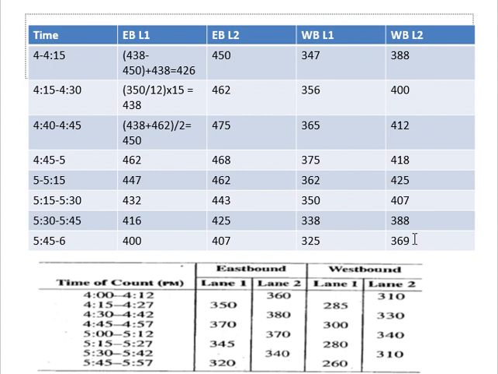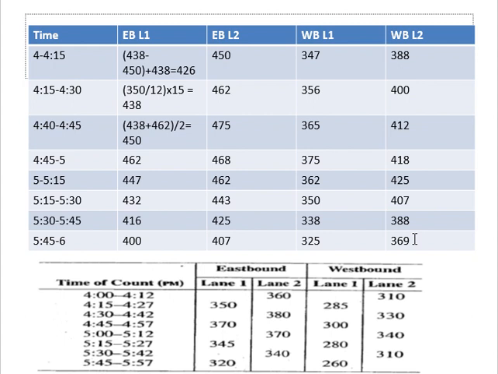So first I should combine the values for each direction, and then do it for the total, for the freeway. Each direction means combine values of each 2 lanes, and the total means combined values of all 4 lanes. Clear?